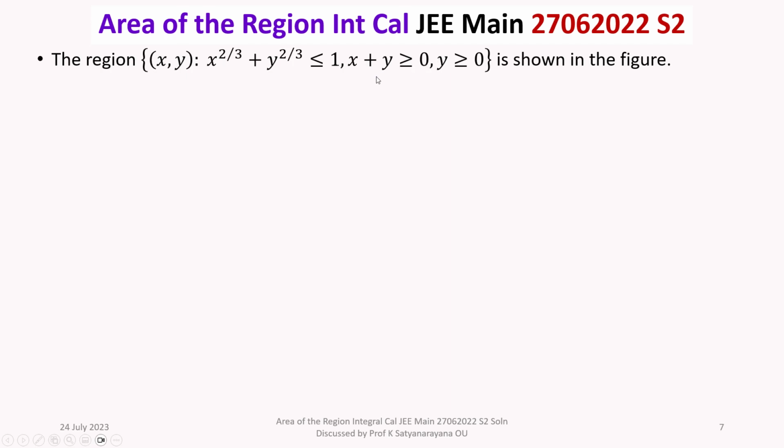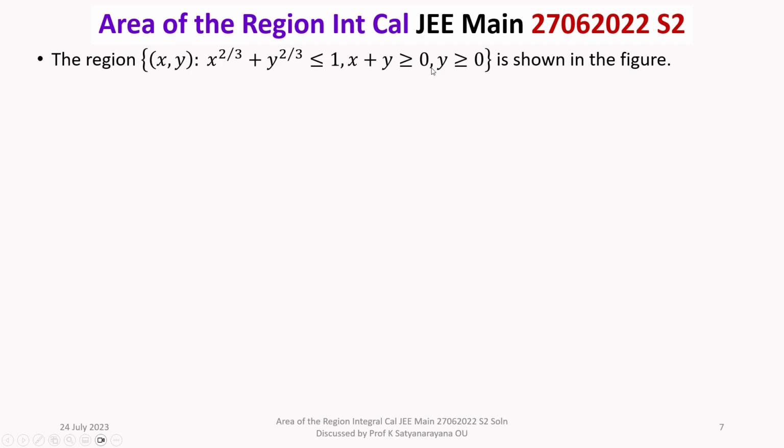That means y is greater than or equal to minus x: take the line y equals minus x, and all those points that lie above the line, intersected with all the points that lie inside and on the asteroid.